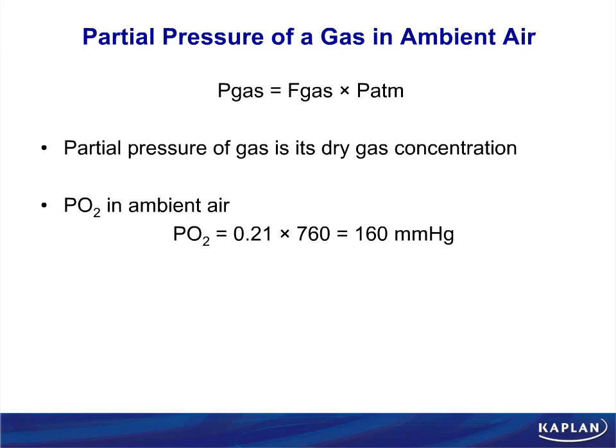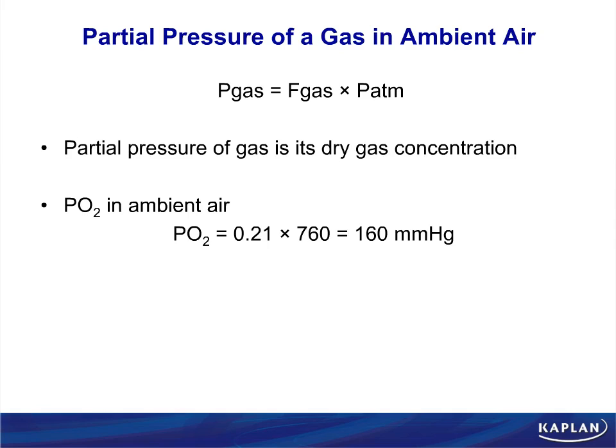First thing we have to do is just remind ourselves of some basic ideas of gas and pressures. So, pressure of a gas, the partial pressure of a gas. P here stands for partial pressure of the gas, and is equal to the fractional concentration of that gas times atmospheric pressure. So if we go down to the bottom, if I look at ambient dry air, PO2, partial pressure of oxygen.